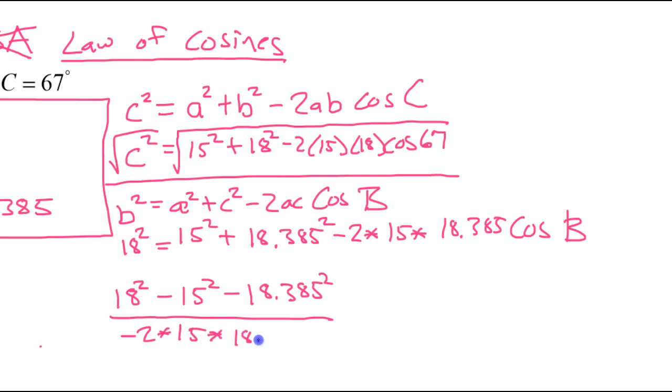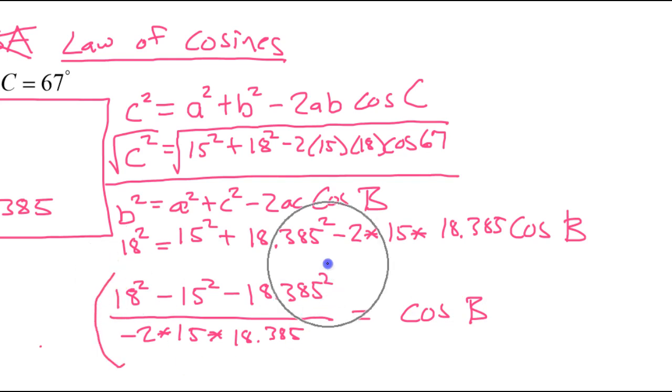Okay, so that is going to leave me with cosine of B. But I don't want cosine of B, I want the measure of angle B. So I need to do the inverse cosine of all of this, and that is going to equal the measure of angle B.